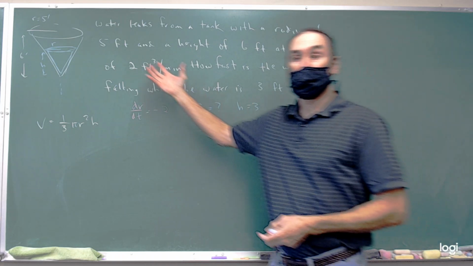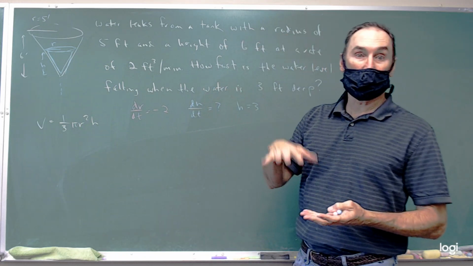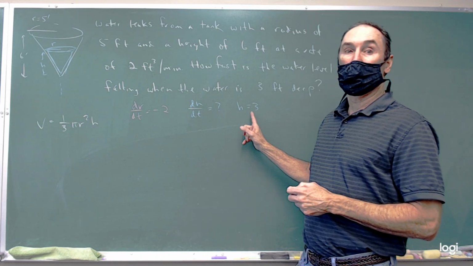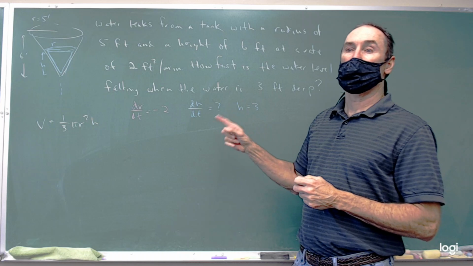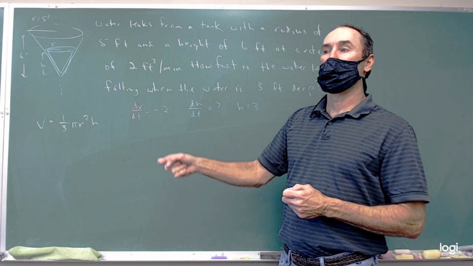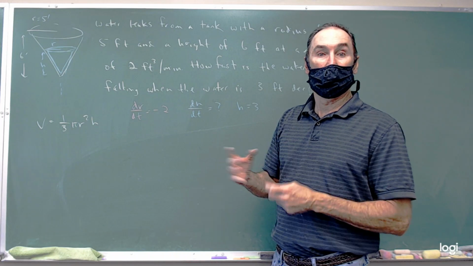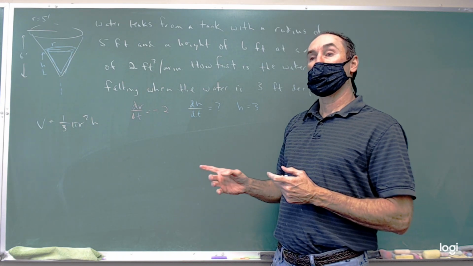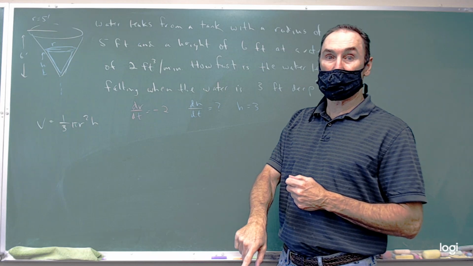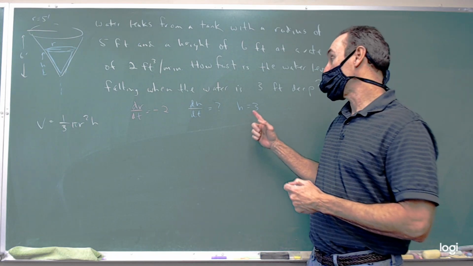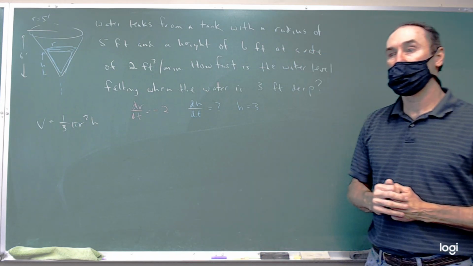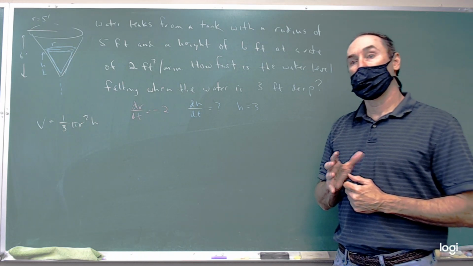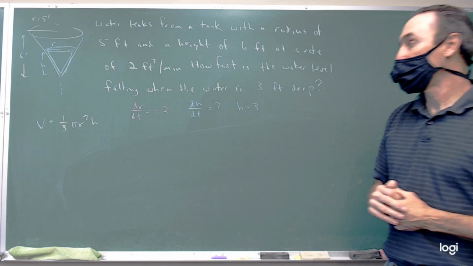And here, because as the water drains out the height is changing, we don't want to plug this into our formula before we differentiate, because then that's assuming it's a constant all the time. So instead, we differentiate first, and then after we differentiate, we plug in that value for h. When you do that, it makes a huge difference.